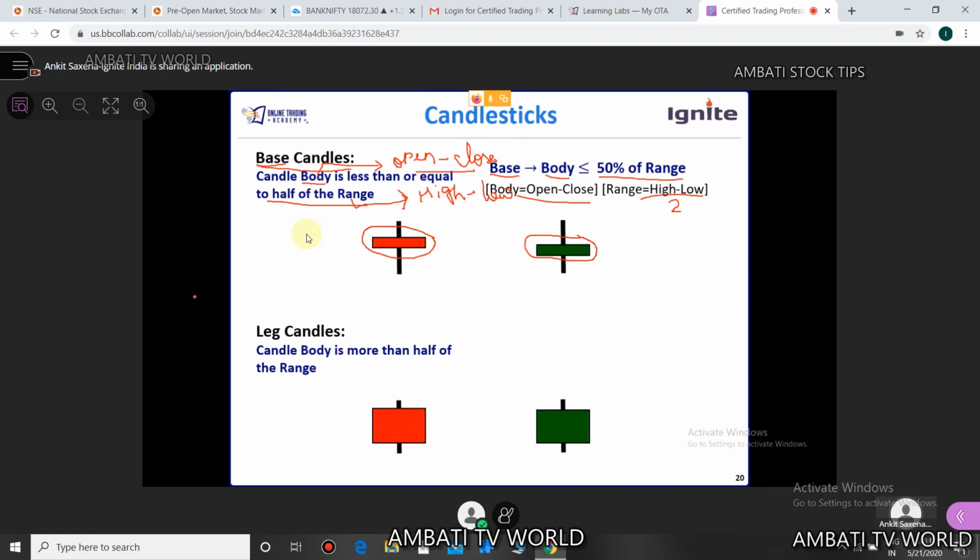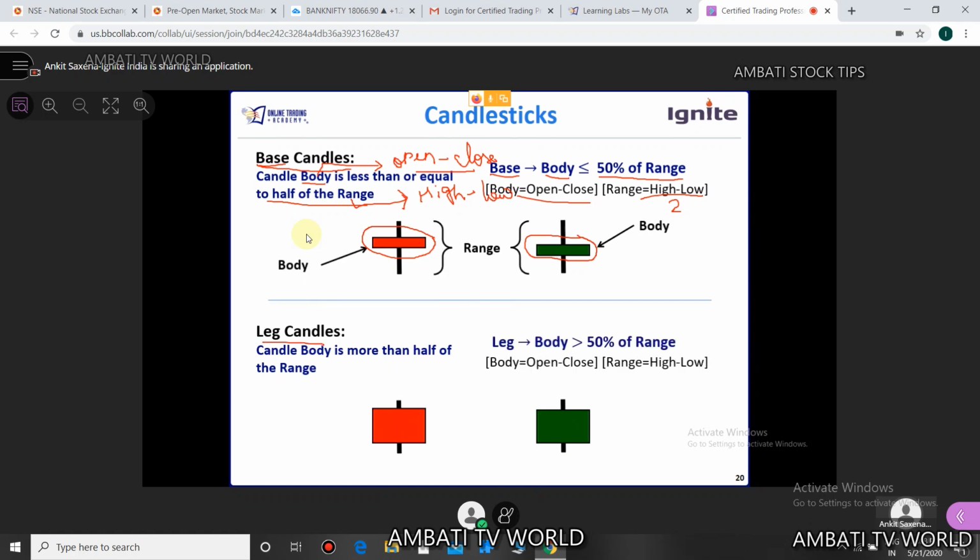Similarly, what about the leg candles here? Leg candle means when the body is greater than 50% of the range. So range divided by 2, and when the body, meaning open and close, is greater than 50% of the range, it will be a big bodied candle. The entire game revolves around the body of the candle.